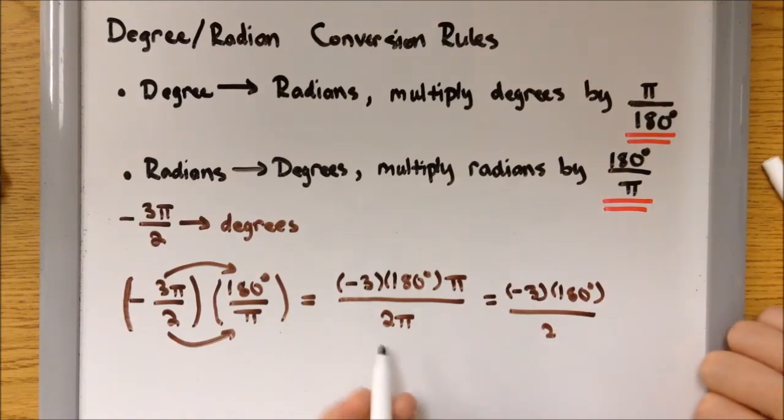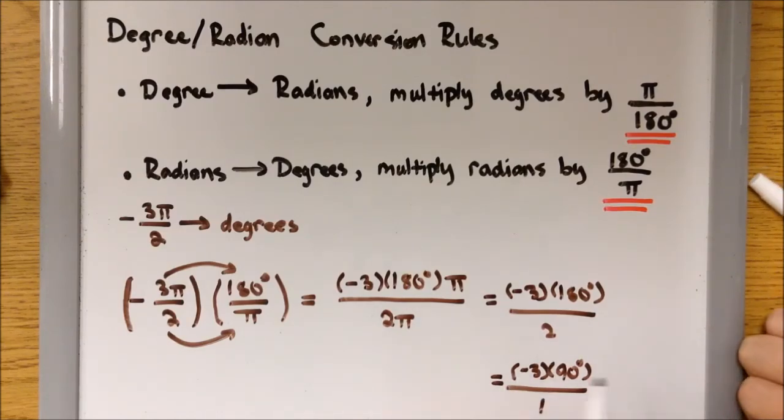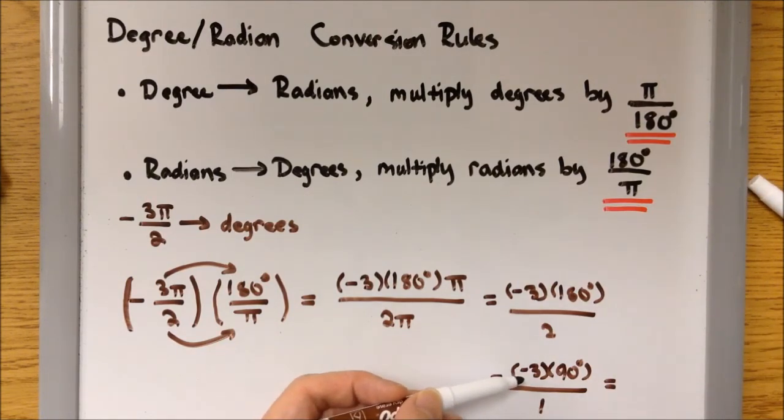So if I were to simplify top and bottom by 2, I'm going to be left with negative 3. And then 180 degrees divided by 2 would be 90 degrees. And then 2 divided by 2 is just 1. And now it seems easier. I could definitely do negative 3 times 90 degrees.